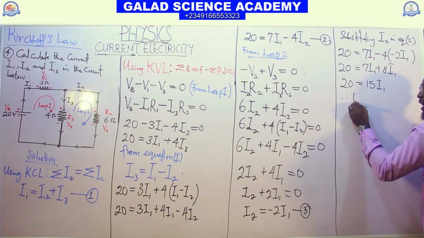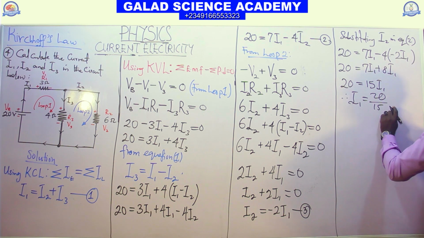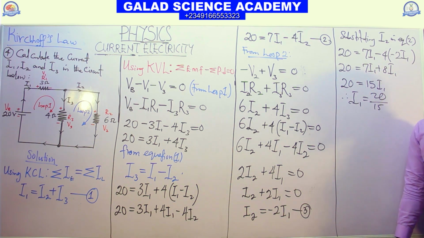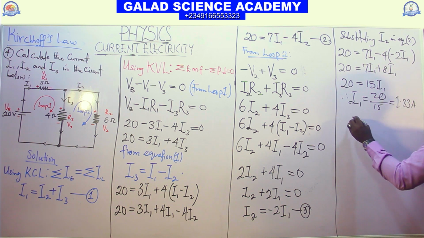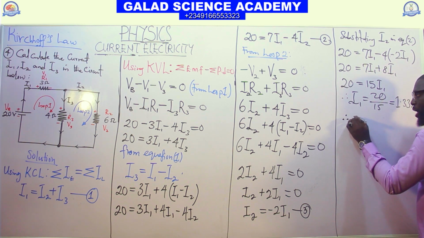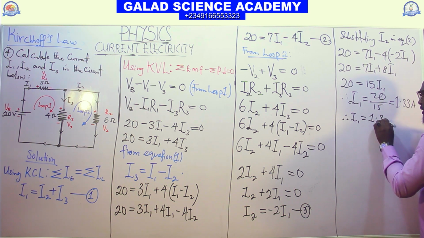So therefore, I1 equals 20 over 15. Please, let me use the calculator. 1.33 ampere. So therefore, I1 is 1.33 ampere.